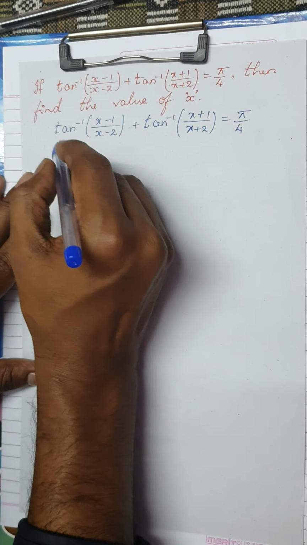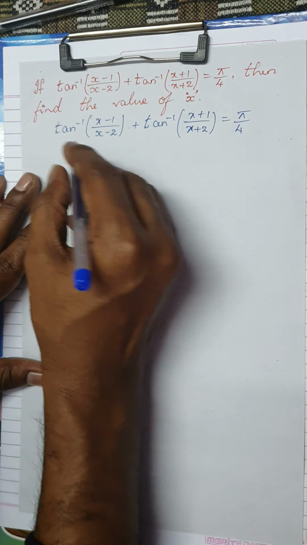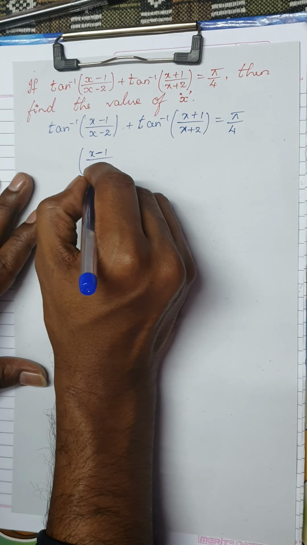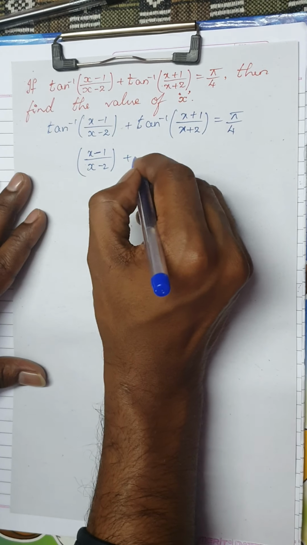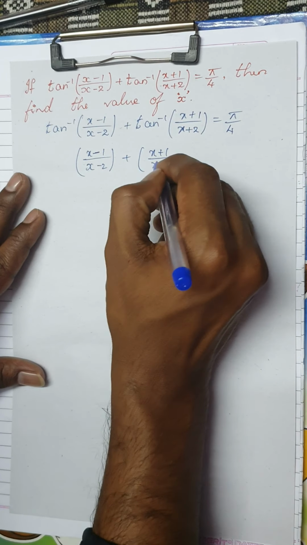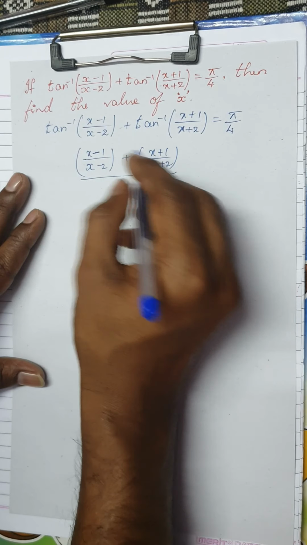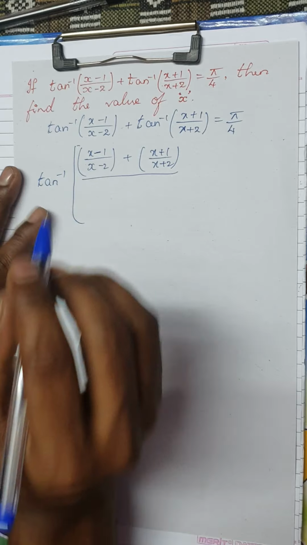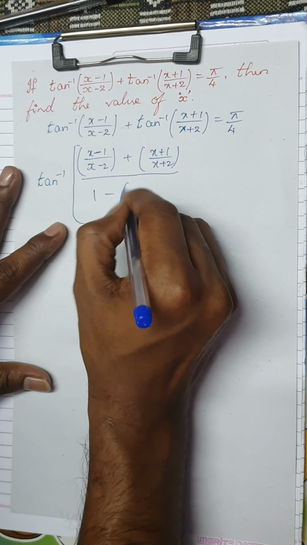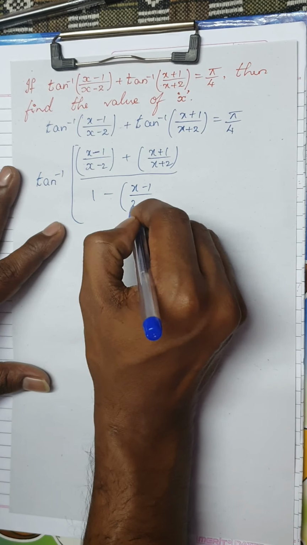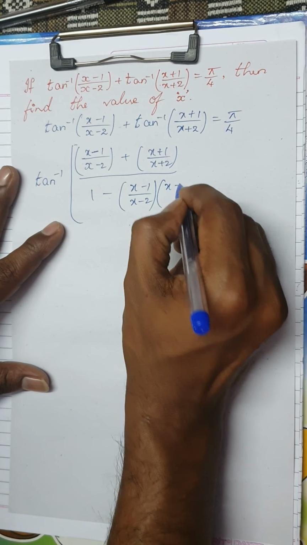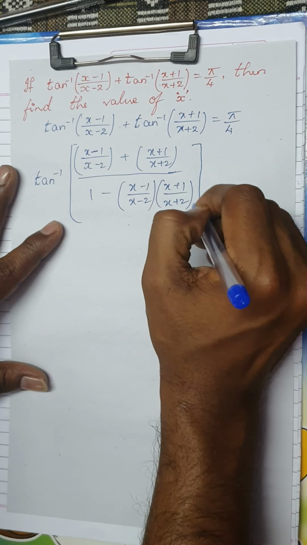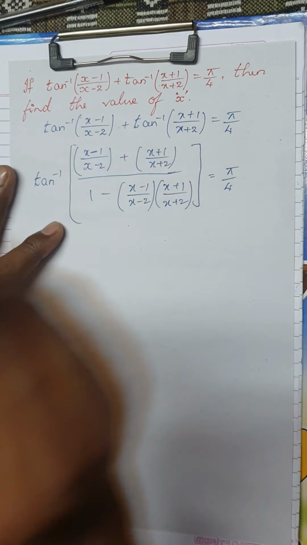Now if you use the property, tan inverse of x plus tan inverse of y is tan inverse of (x plus y) divided by (1 minus xy). So that is the sum of (x minus 1) by (x minus 2) and (x plus 1) by (x plus 2), whole divided by 1 minus (x minus 1) divided by (x minus 2) into (x plus 1) divided by (x plus 2). Okay, this is nothing but pi divided by 4.